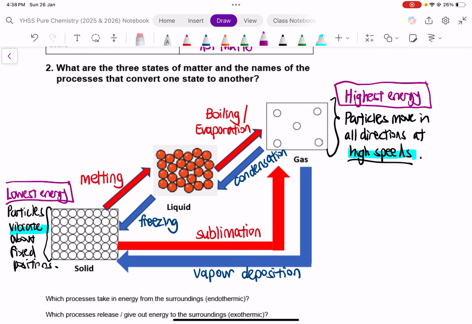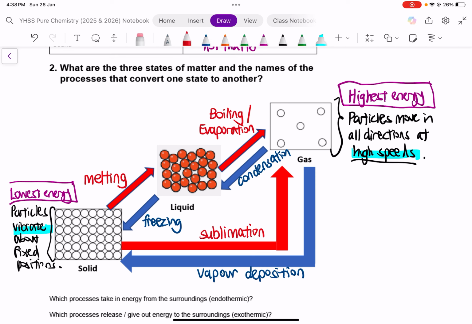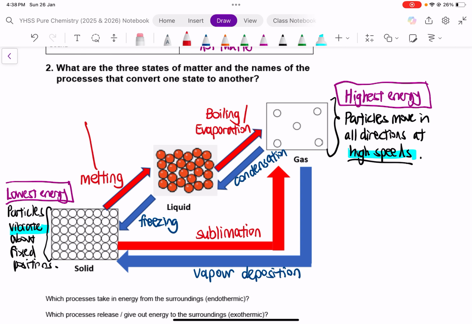Once we have established this order of energy, solid having the lowest energy, gases having the highest energy, we can come to the conclusion that as we go from a solid to liquid, liquid to gas, or a solid to a gas, the energy content of the substance increases.